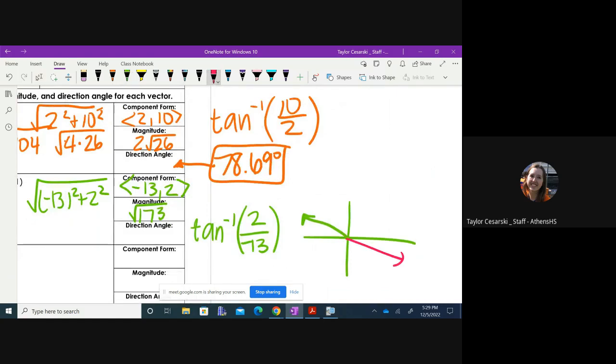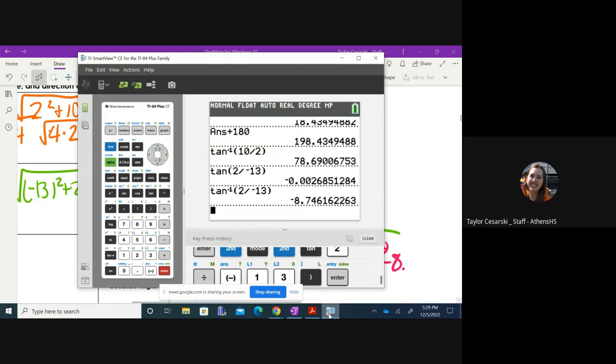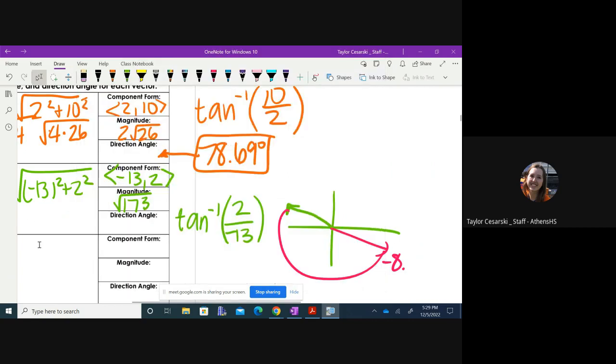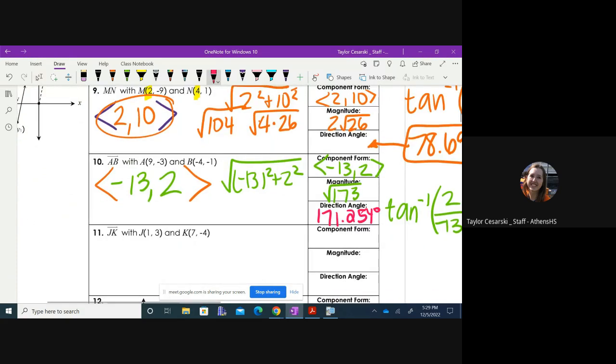It just gave me negative 8 point something. Now, to get to the other side, I need to add 180 to that, and I get 171.254 degrees. Now, that does make sense because that is in quadrant 2 between 90 and 180, and my vector's in quadrant 2. So 171.254 degrees would be your final answer for the direction angle.